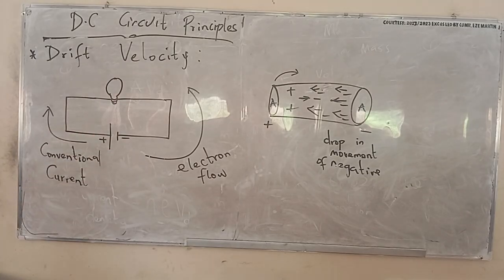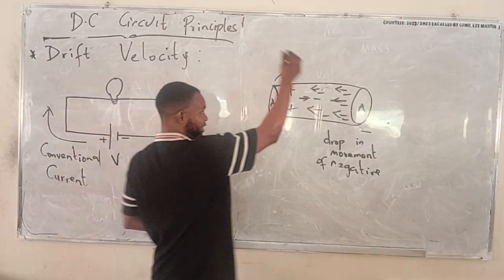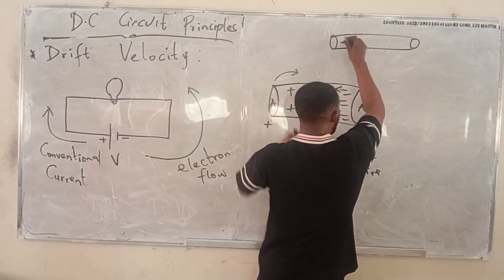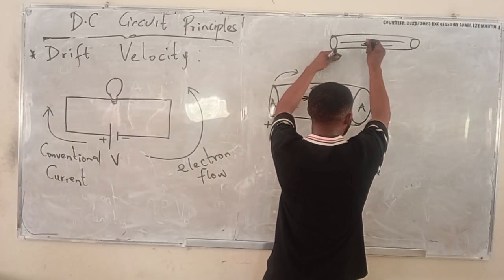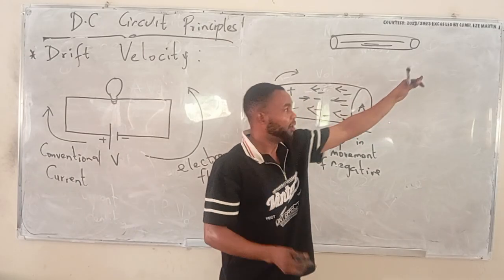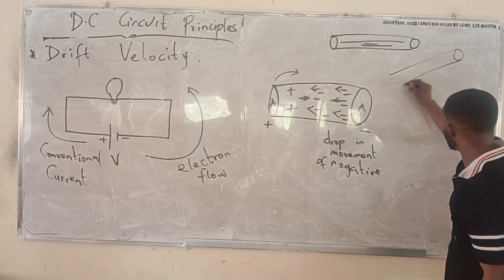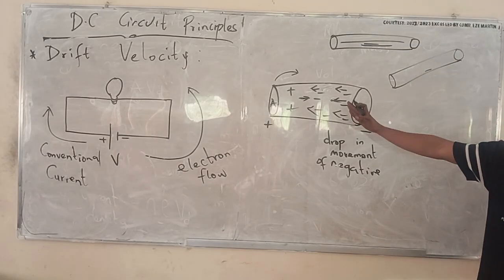In fact, look at it this way. We know that what this thing has is voltage. Look at voltage as something that is like a pipe. If you pour water here, and this thing is sitting comfortably, maybe small water here, it will not move. But the minute you come and carry this thing up small, you notice that water will flow.